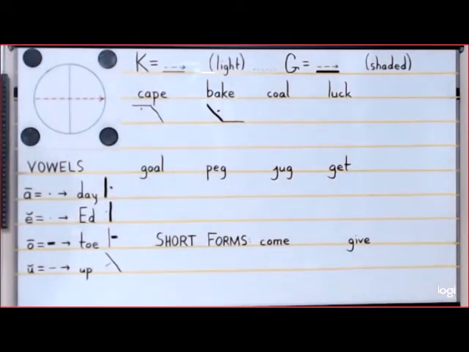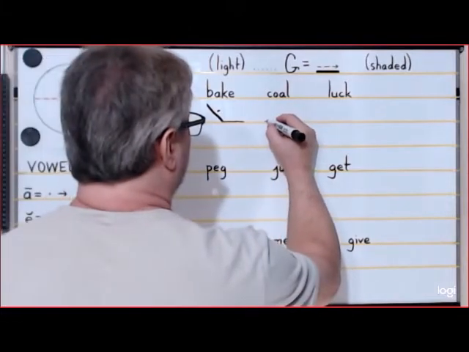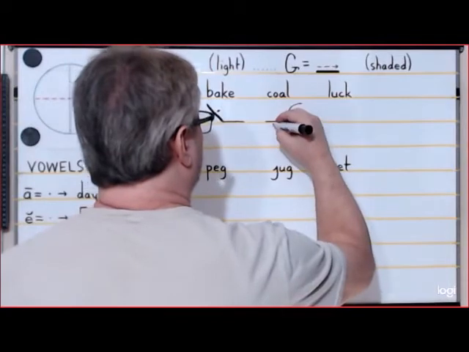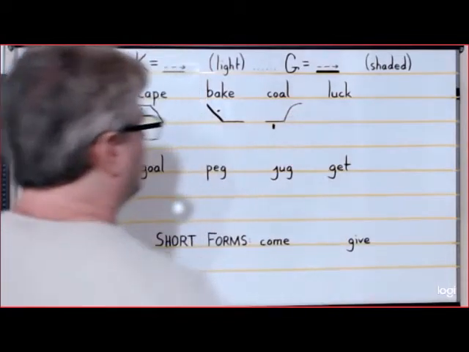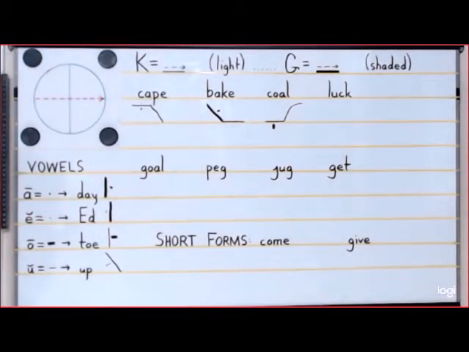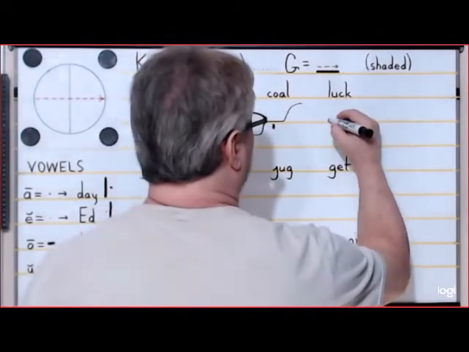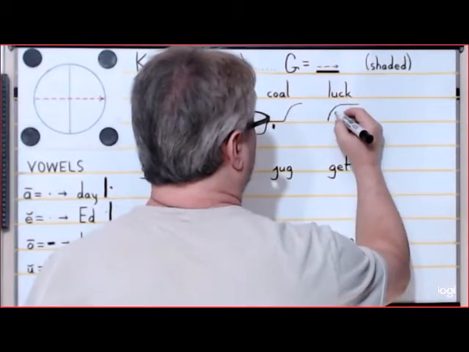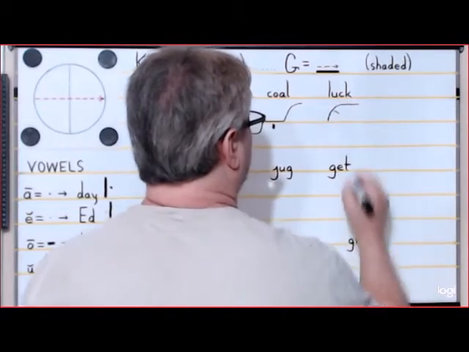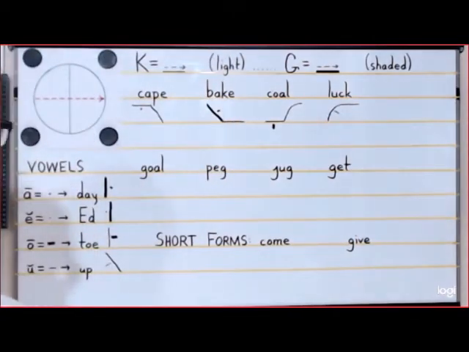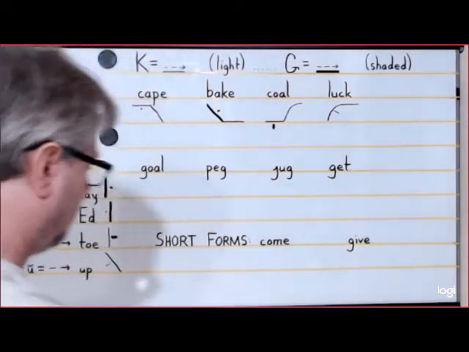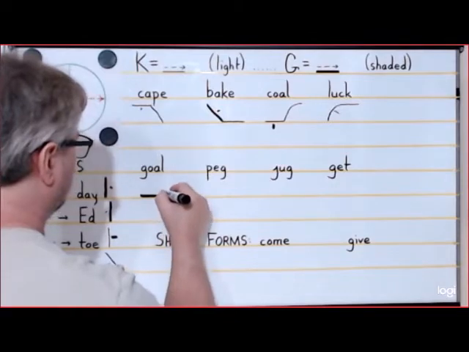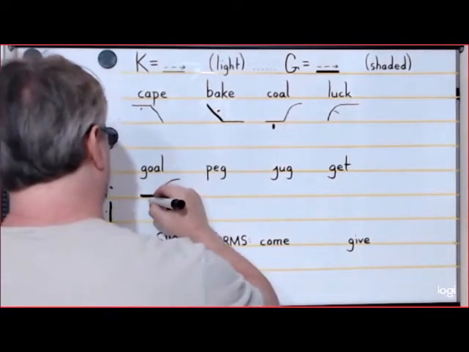For the word coal, it is a K and an L, and then a heavy dash for the long O sound. The word luck is an L blended in with the K, and then the light dash for the short U sound. For the word goal, it is a G and an L with a heavy dash.